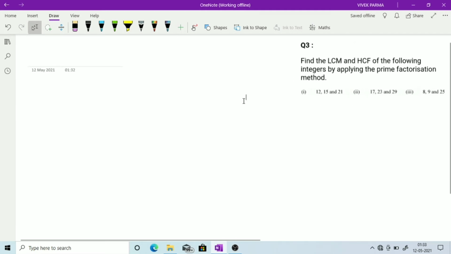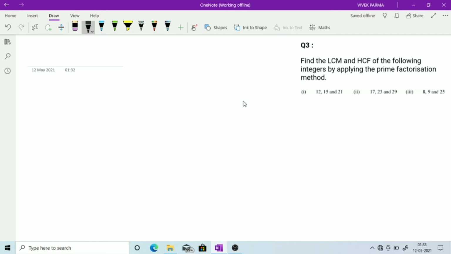Find the LCM and HCF of the following integers by applying the prime factorization method. In the previous session of real numbers, we have read how we find LCM and HCF by converting them into the product of their prime factors. So let's see here. First we find LCM.